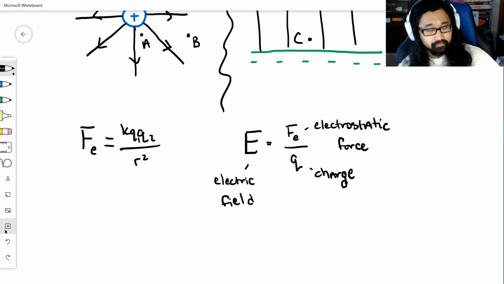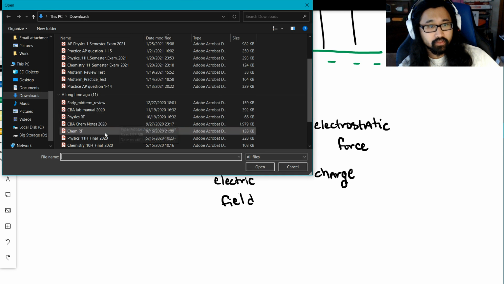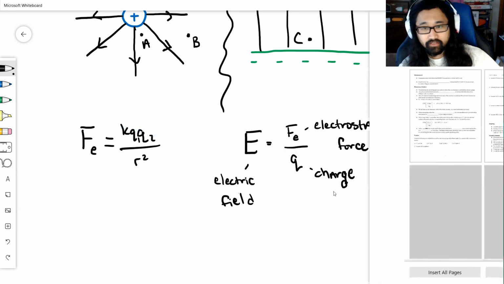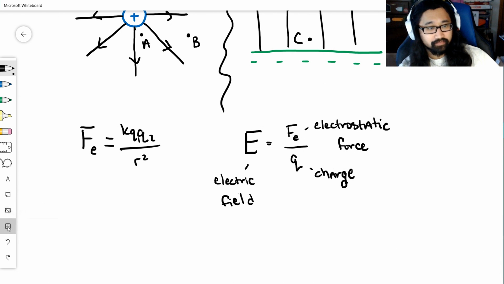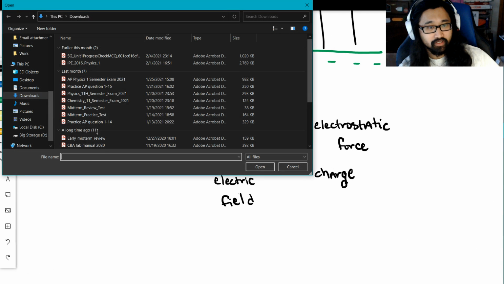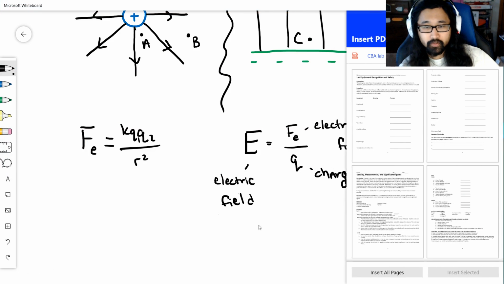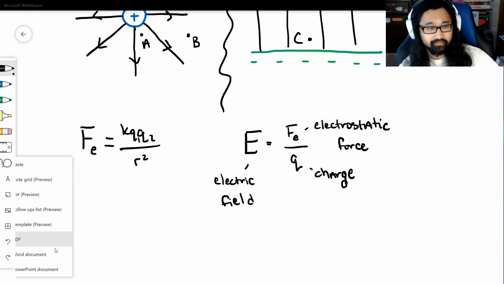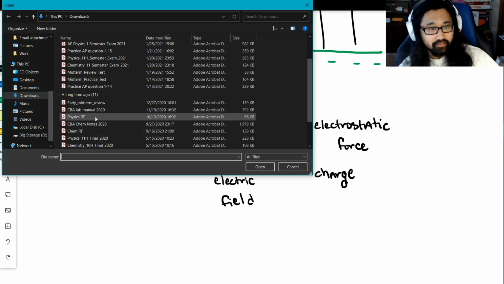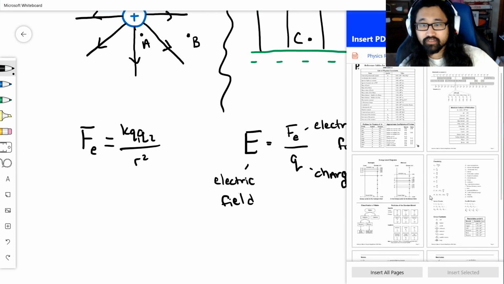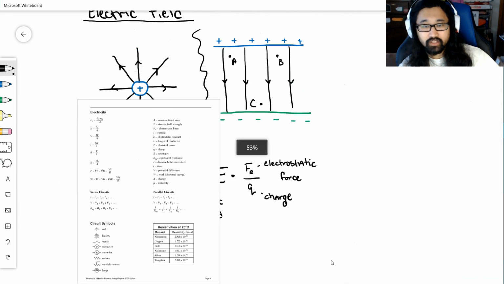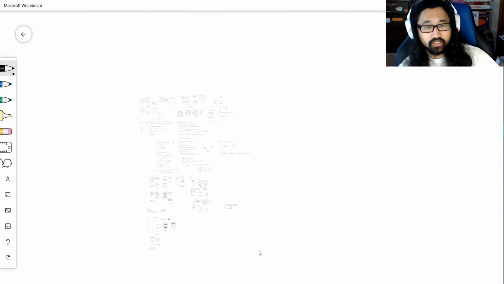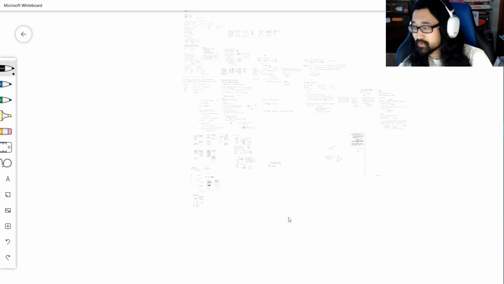But what I need to pull up is... nope, that's wrong. Please stop. I was so close. I misclicked by that much. Nope, missed it again. One take, kids. One take. Physics reference table. Goodness gracious. Alright, I need the electricity page. Let's insert that. Oh gosh. Guys, you can't make this up.